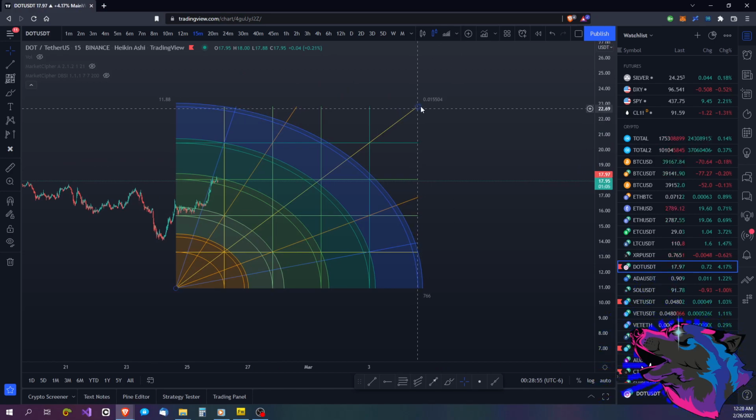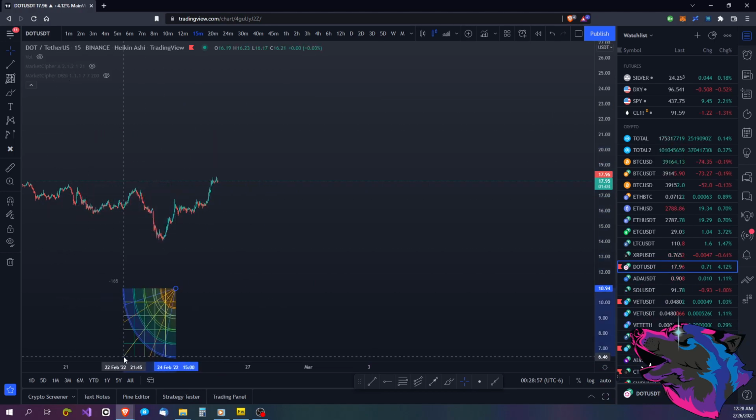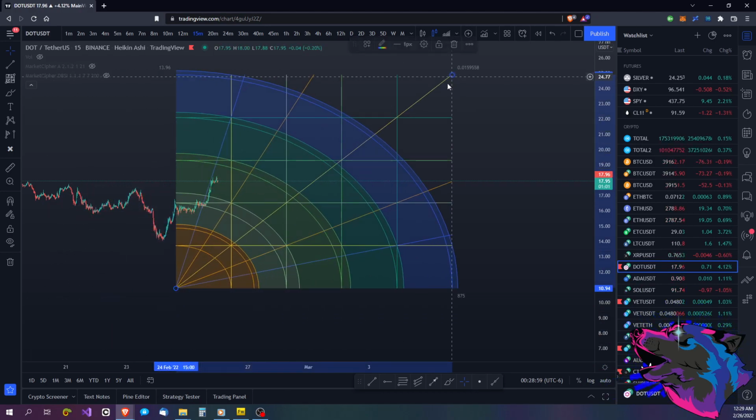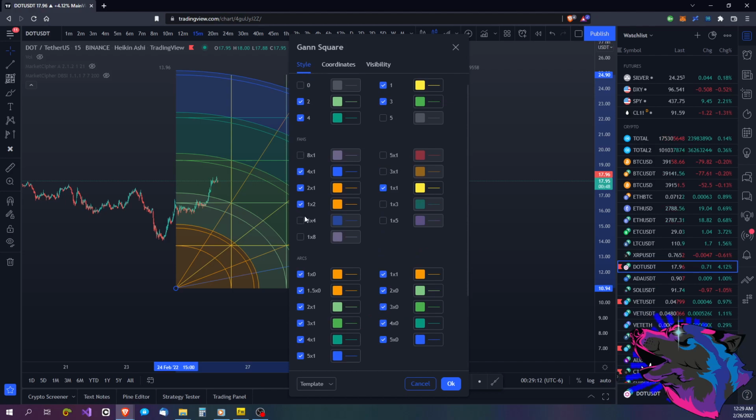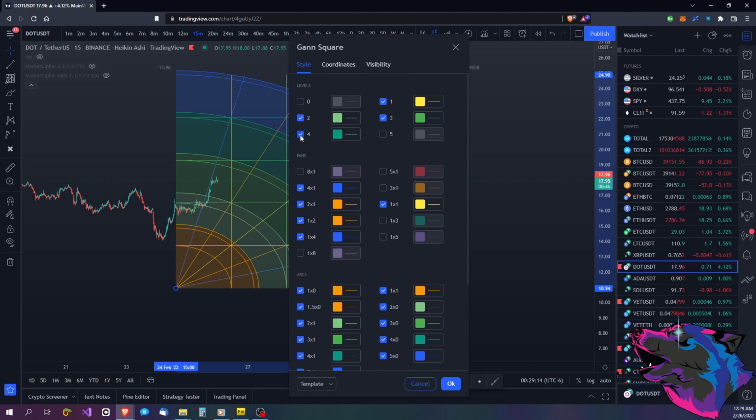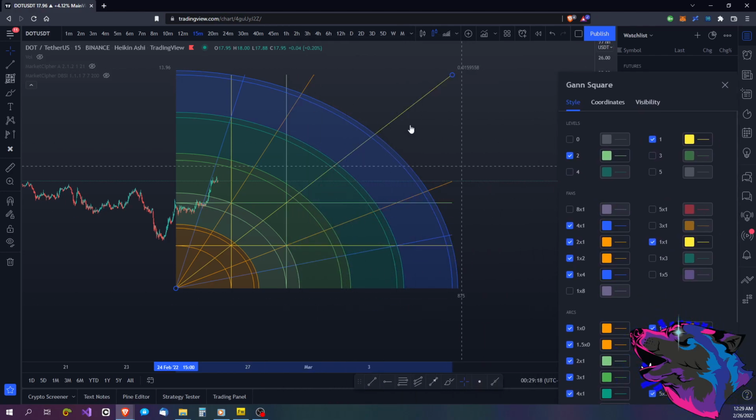You could draw it any which way you want, all four quadrants. But if I'm out here and we have all this empty space on a high time frame, I don't need these lines cluttering things up. So I'll start turning stuff off just to unclutter the chart a little bit.